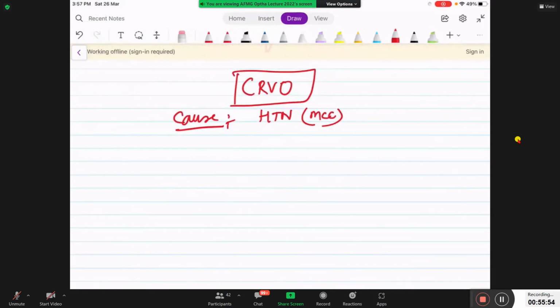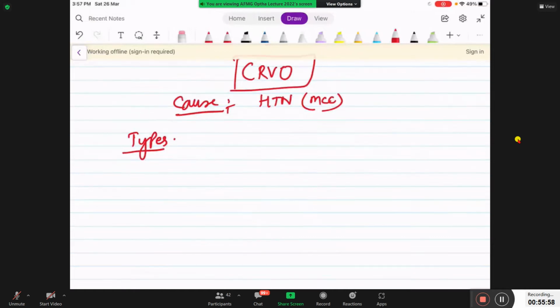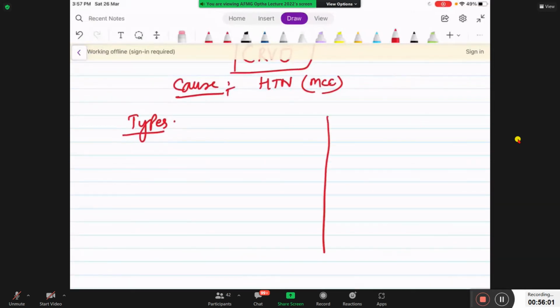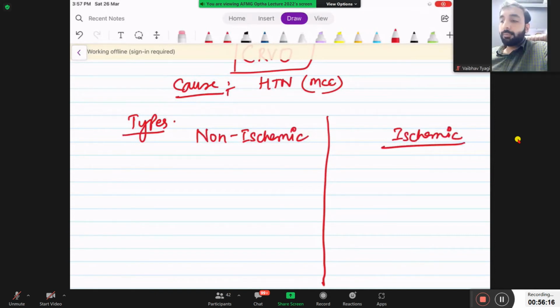Now write down types of CRVO. So it is of two types basically. One is non-ischemic and the other one is ischemic. Now, can you tell me which type of CRVO will have poor prognosis?